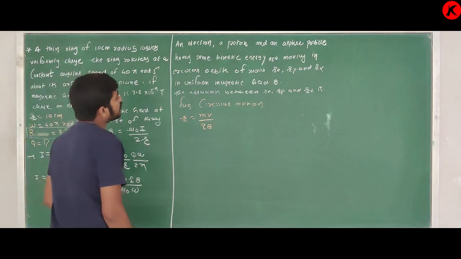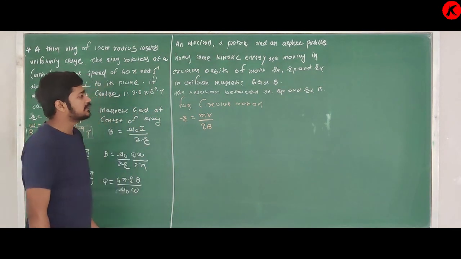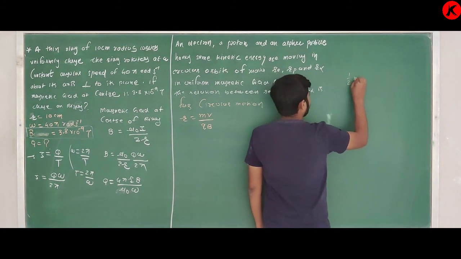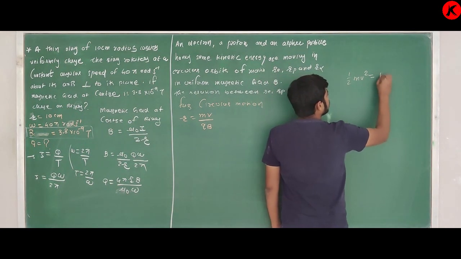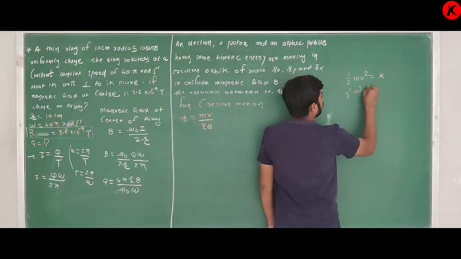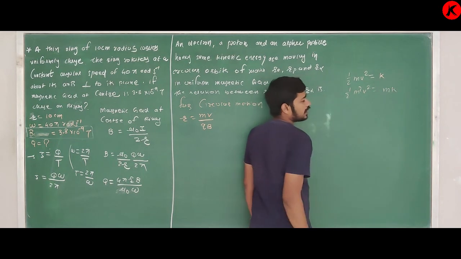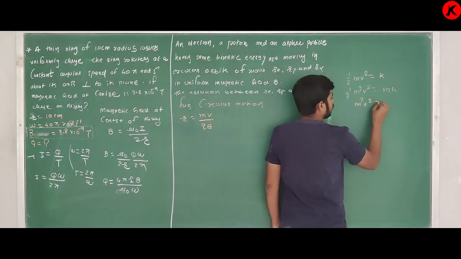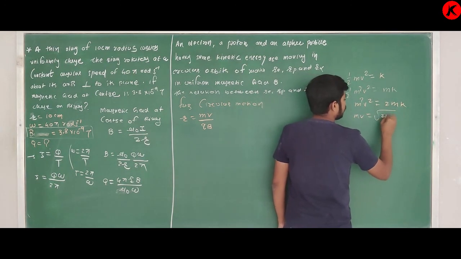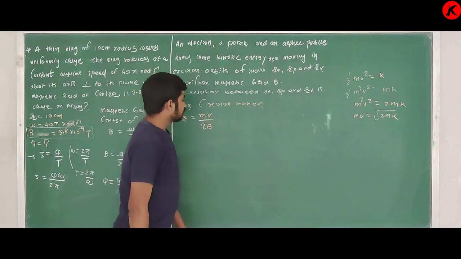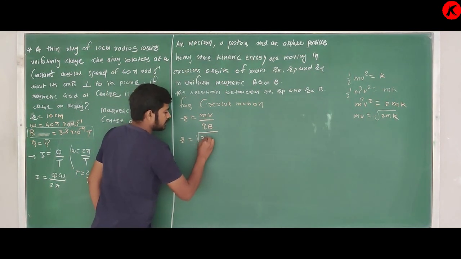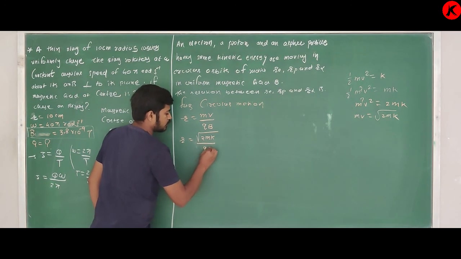You are given data about kinetic energy, which is the same. So half mv square is equal to K, then m square v square is equal to 2mK, then mv is equal to under root 2mK. Simple.